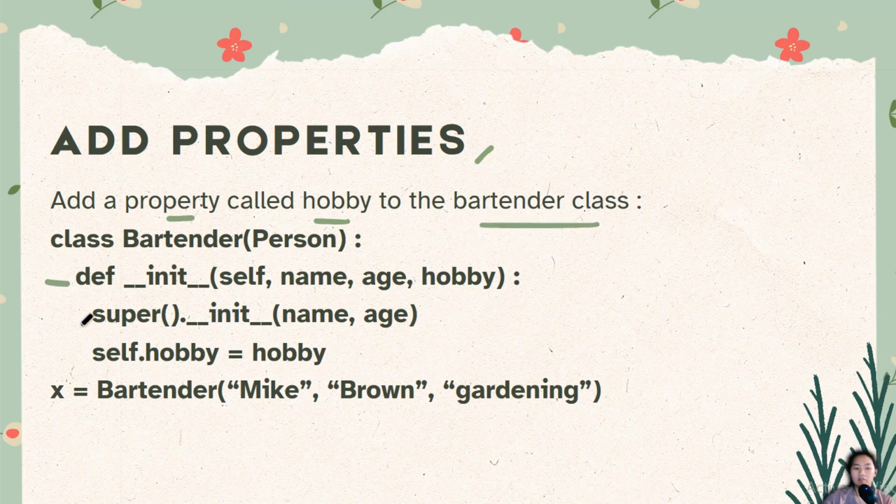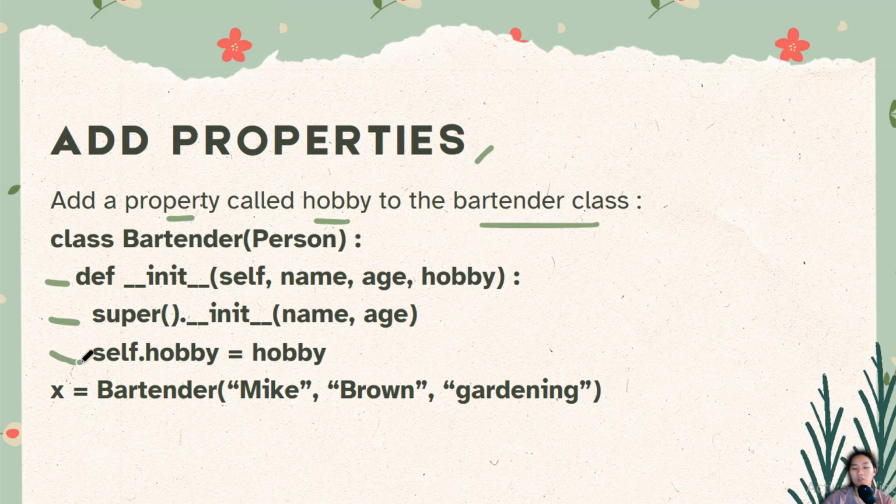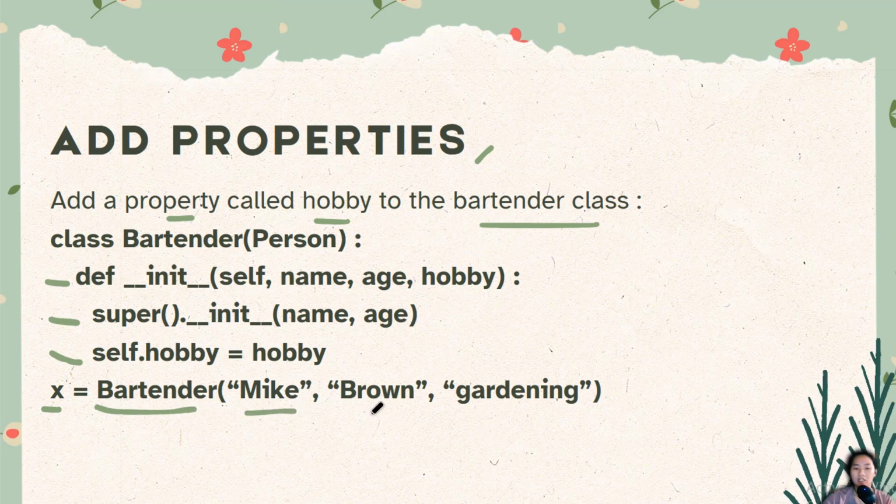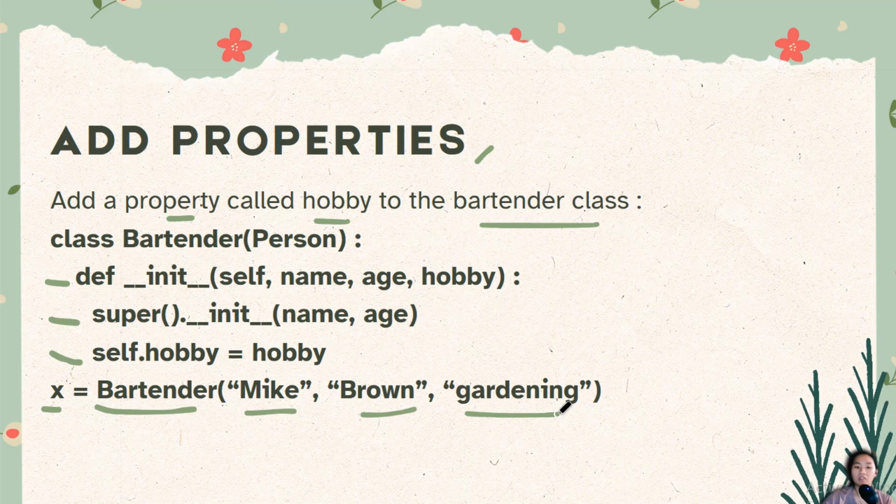We have the init function, the super function to call upon the parent's init function. Then I have the new hobby property, and once I declare a variable with the child class and I pass in the name, the age, and the hobby, and then if I were to print this out, it'll just show me name, age, and hobby.